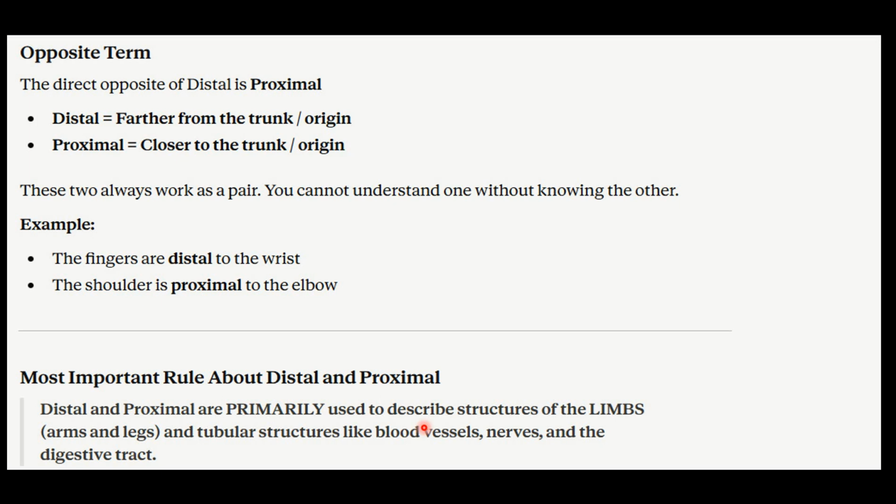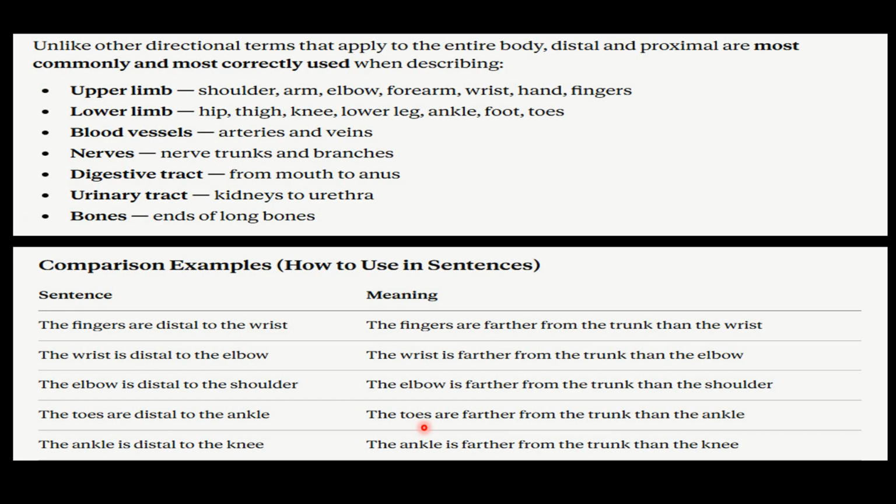This is also an important point: unlike the other directional terms that apply to the entire body, distal and proximal are most commonly and most correctly used when describing upper limbs like shoulder, arm, elbow, forearm, wrist, and hand and fingers.